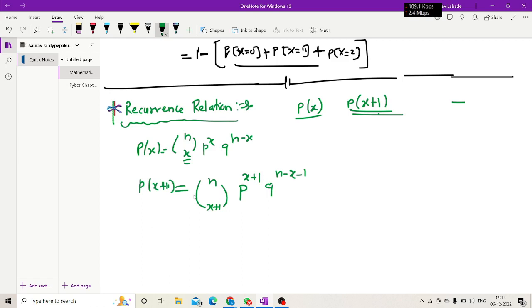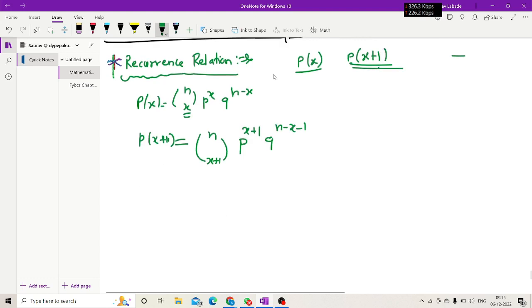After getting this, I will take the ratio of these two probabilities. The ratio will be the probability of x plus 1 divided by P of x. Just take the two PMFs.